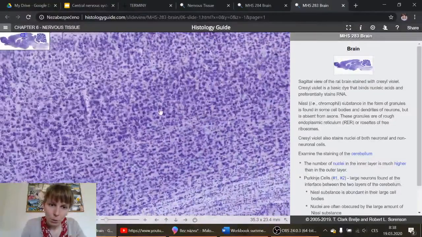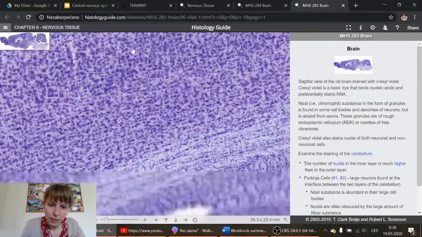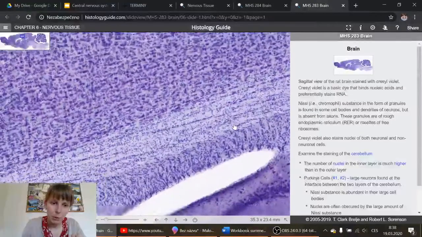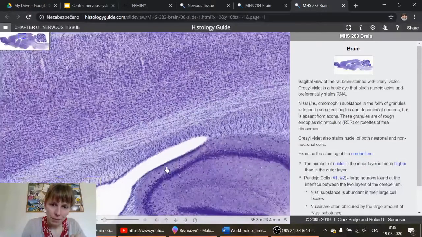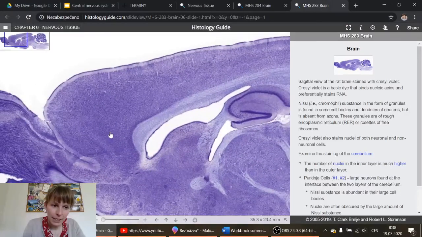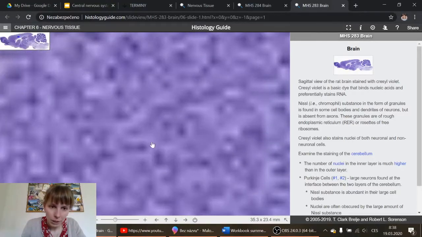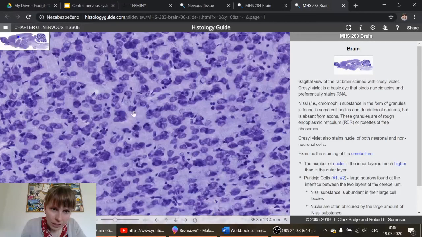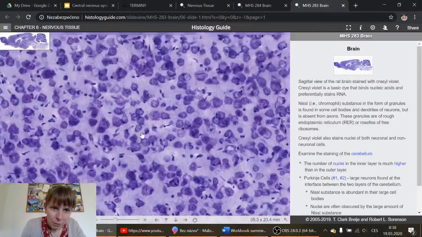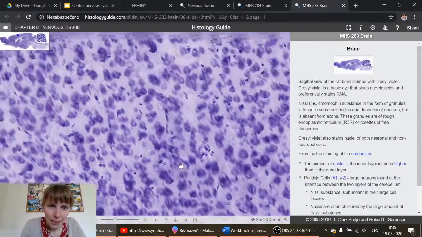We don't really have to get into the cortex very much, but the difference between gray and white matter is the most important thing here, I guess. With the Cresyl violet stain, you will see cells and their nuclei, and you will also see the rough endoplasmic reticulum in the cytoplasm stained pretty dark.